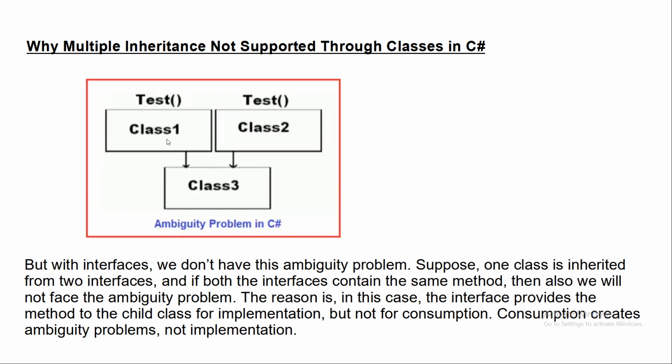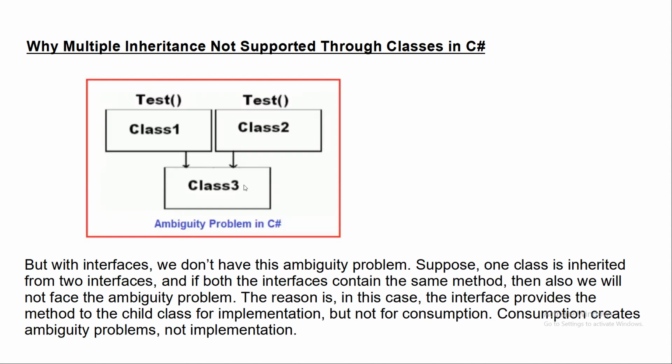You have a class 1 and class 2, both contain the same method test. And you are using a class 3 derived from class 1 and class 2. Then you create an object for class 3 and try to invoke the test method. I have the test method available in class 1 and class 2, and in class 3 I'm trying to invoke it.